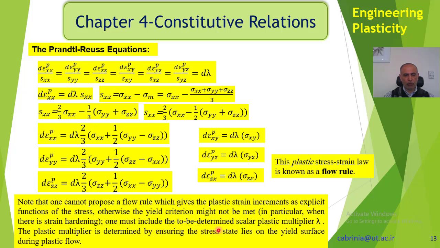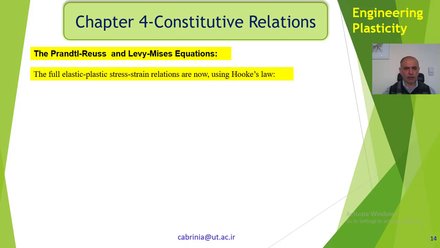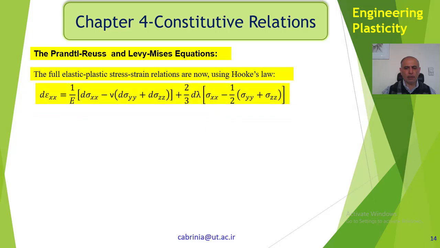One must include, to be determined, the scalar plastic multiplier lambda. The plastic multiplier is determined by ensuring the stress state lies on the yield surface during plastic flow. So this is called the plastic multiplier. The full elastic-plastic stress-strain relations are given like that.